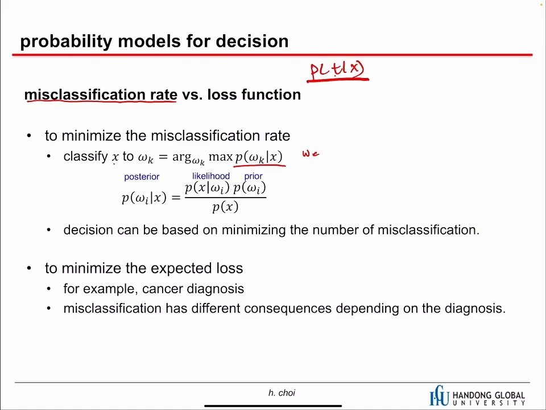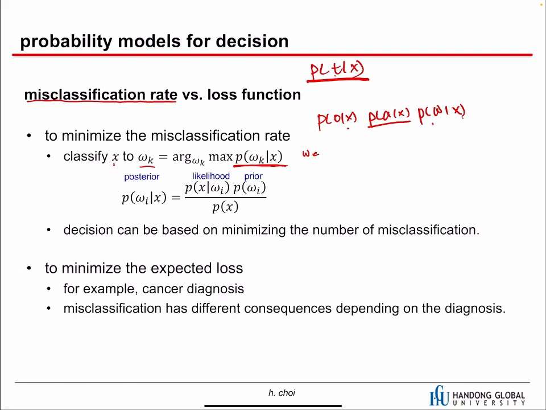So X will be classified to class K to maximize P of WK given X. So in the previous slide, we talked about P of orange given X, P of apple given X, and P of watermelon given X. So we actually calculate all of them, and then let's say this one is higher than the others, then classify this X to the apple class. Okay. And the decision can be based on minimizing the number of misclassifications. Okay, so it's quite simple.